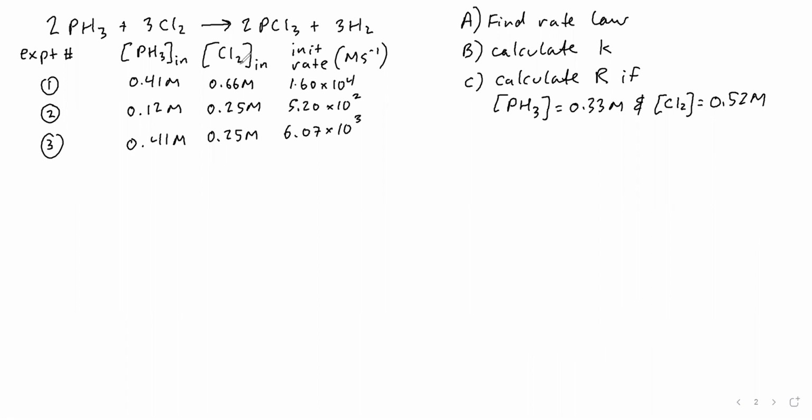So now we're going to find a situation where PH3 is staying the same and Cl2 is changing. I see that in the comparison of reaction 3 with reaction 1, PH3 is staying the same, and going from reaction 3 to reaction 1, the concentration of chlorine is increasing. So we'll figure out the concentration factor for chlorine, which is simply the higher concentration in experiment 1 divided by the lower concentration in experiment 3.